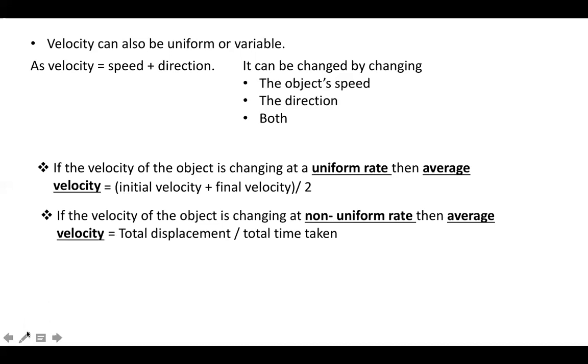But here, I strongly recommend that you should only use this formula to find out average velocity, because this formula is valid whether the change in velocity is uniform or non-uniform. So there is no need to remember two different formulas. Only remember one formula, that is total displacement divided by total time taken, to calculate the average velocity.